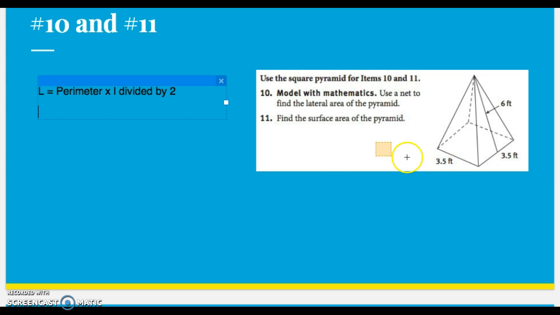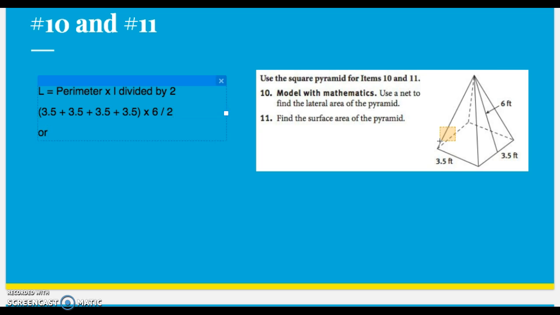Okay, so our perimeter, if you add up all the sides, you can do 2 things. You can do 3.5 plus 3.5 plus 3.5 plus 3.5, and then times that by the slant height, which is 6, and then divide all that by 2.